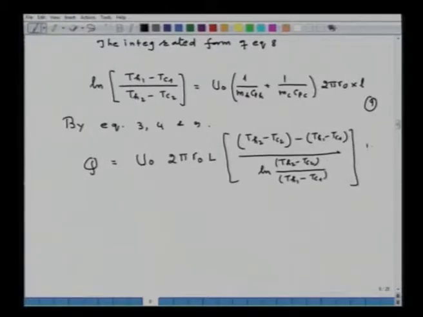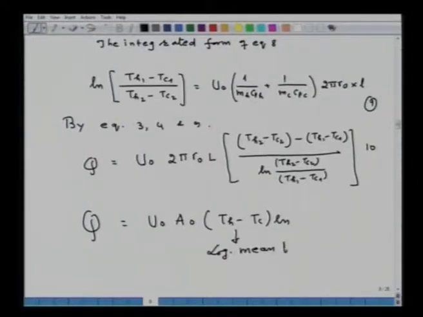Let us call this equation number 10, or we can write Q also equal to U0 into A0 into (Th minus Tc)ln, where (Th minus Tc)ln is called the logarithmic mean temperature difference.